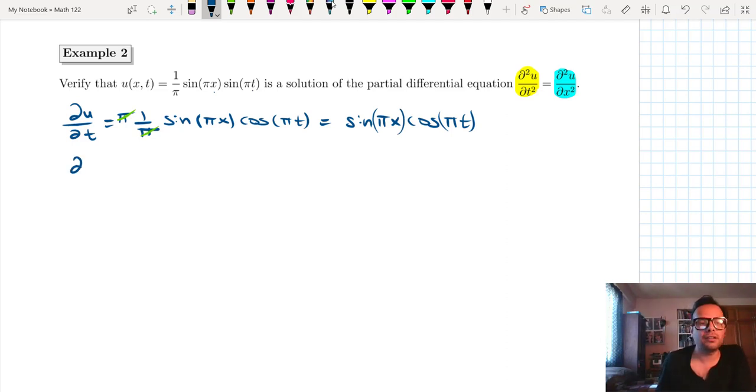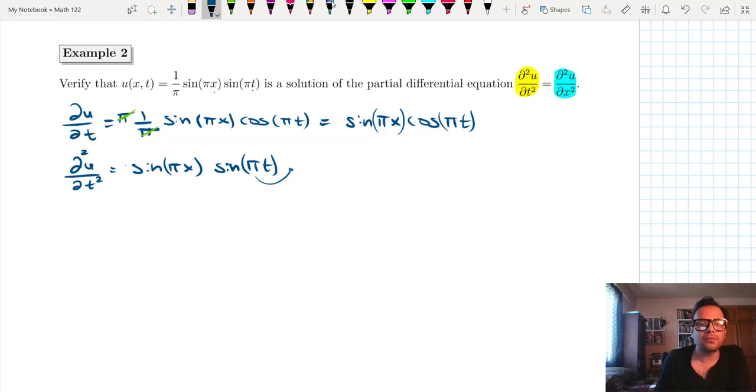Okay. So they're asking us for the second derivative. The equation calls for the second partial derivative. So let's take the derivative of this function with respect to t again. The first factor, sine pi x, remains the same because we're differentiating with respect to t only. The derivative of cosine is negative sine, and then times this little pi.